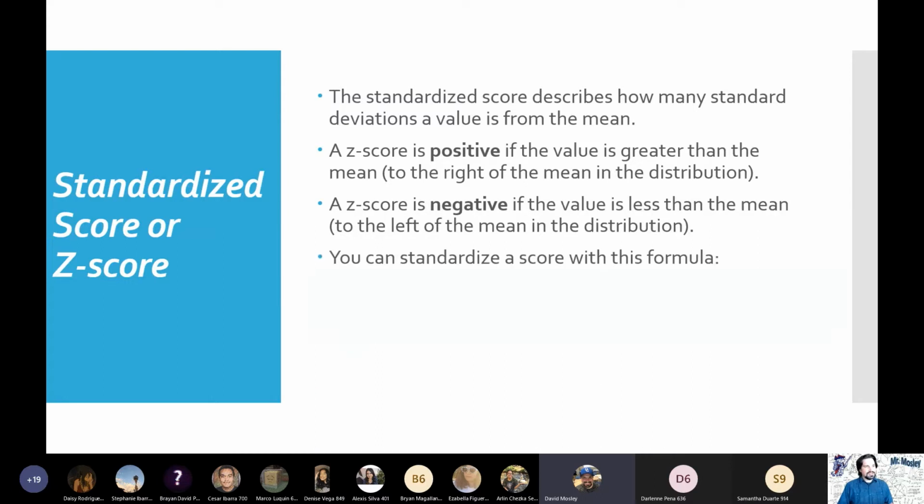You can standardize a score with this formula. We use z equals x minus x bar divided by s sub x, which all has a meaning. The x represents the observation.